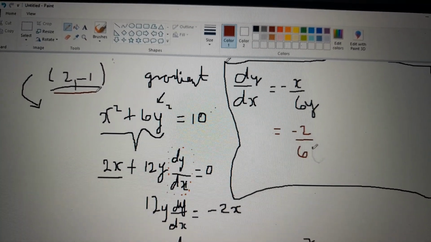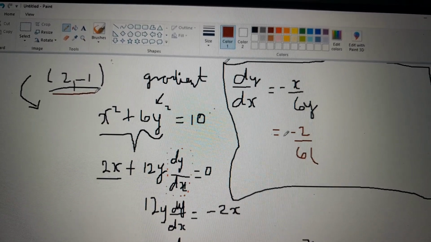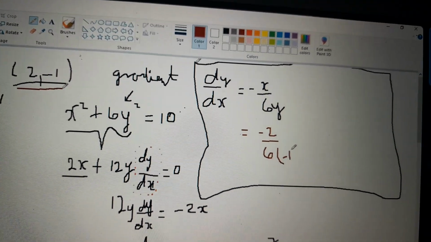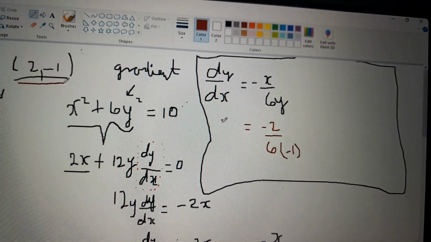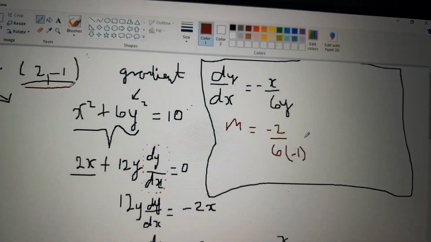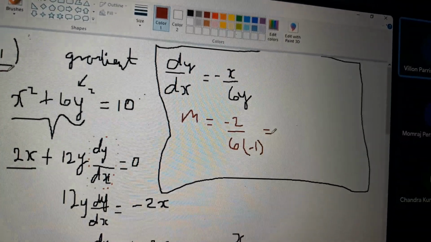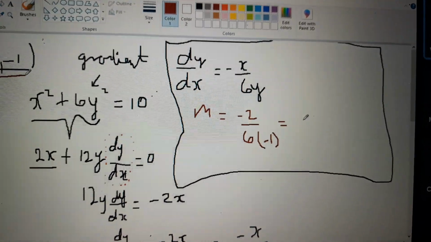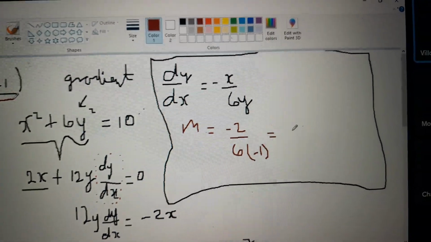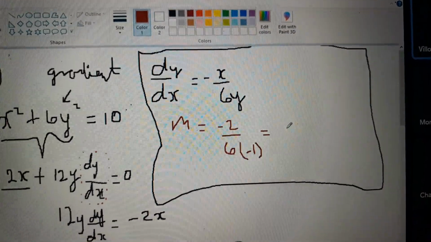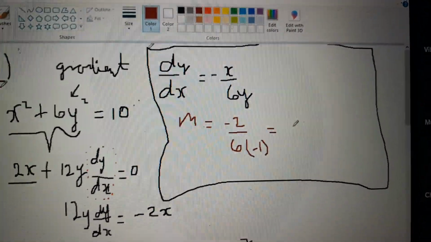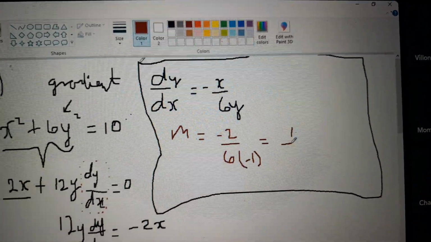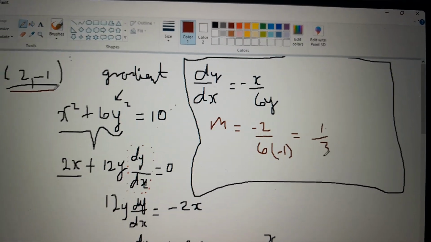We have a y value as well, which is -1. So our gradient dy/dx is equal to, what's our final answer? 1/3, sir. Very good. So this would have been our answer.